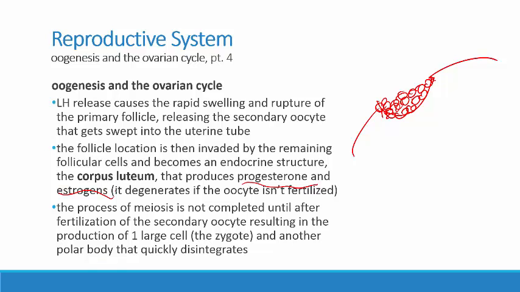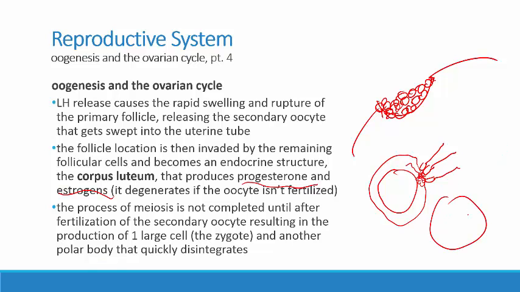So it turns out that the process of meiosis does not complete for that secondary oocyte until after the fertilization event. So here's now our secondary oocyte. It's got zona pellucida around it. The sperm are attacking it, and it actually takes several sperm working at the same spot to digest their way using the acrosome toward the secondary oocyte.